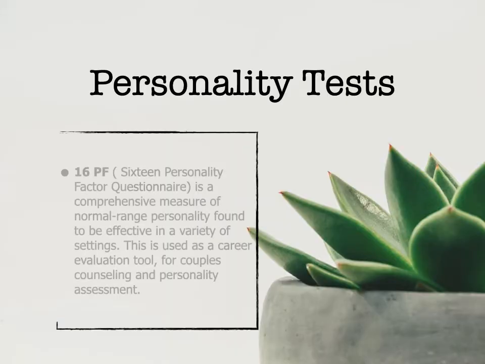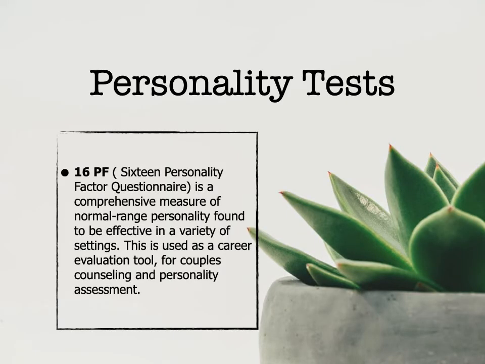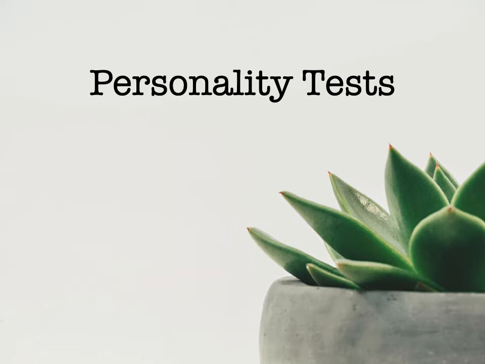Next, we have the 16PF, which stands for 16 Personality Factor Questionnaire. This is one of the most commonly used tests. It is a comprehensive measure of normal range personality found to be effective in a variety of settings. It is also used as a career evaluation tool, for couples counseling and, of course, personality assessment.